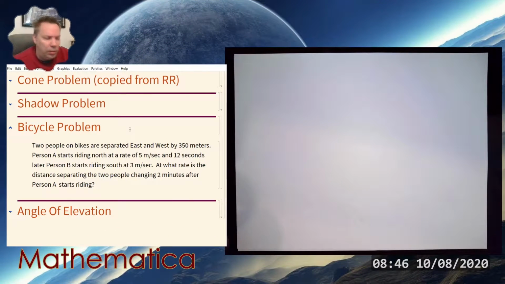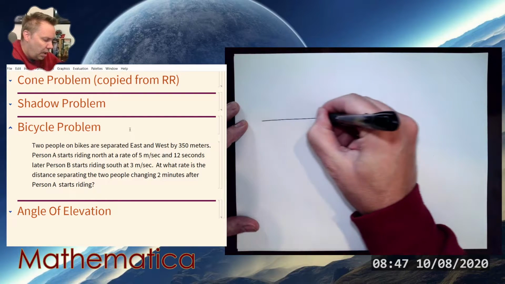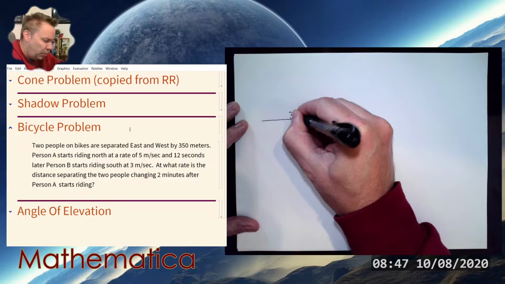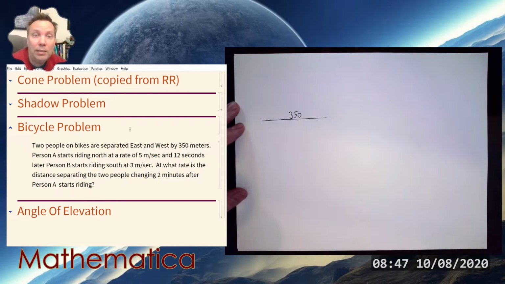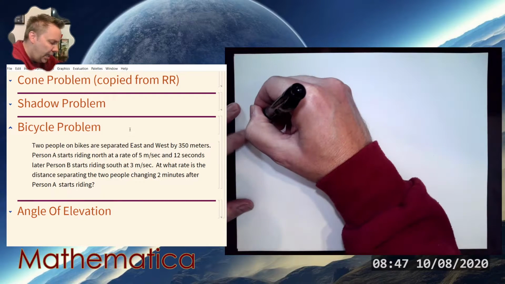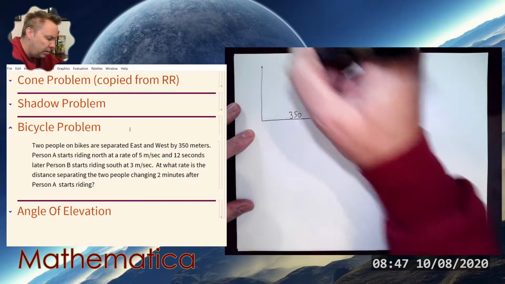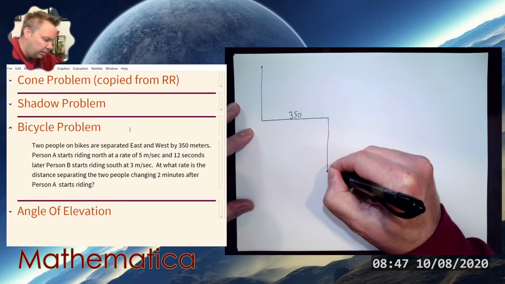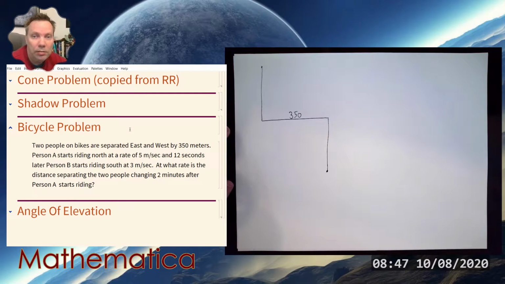In order to do this question, we need to have an idea about how these people are related to each other. So, I am going to start with an east-west line that's 350 meters. Person A, person B will be traveling in different directions.